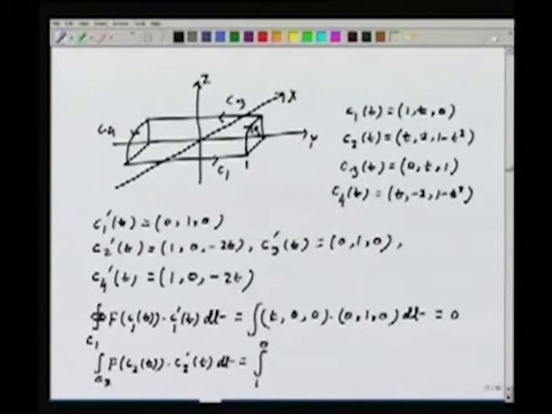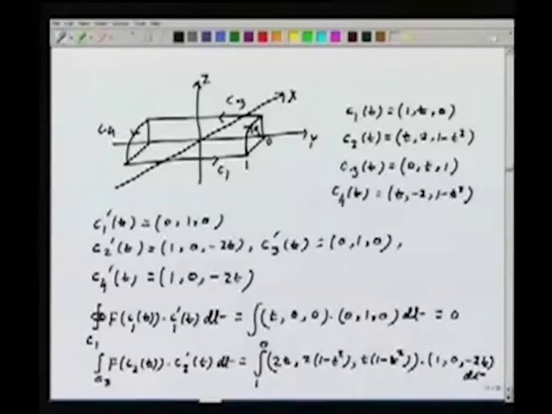So here x is 1 and here it is 0. So it is going from 1 to 0. So let us calculate what is f of C2(t), that is 2t, that is xy, then yz, that is 2 into 1 minus t square, then zx, that is t into 1 minus t square, dot C2 prime t, that is (1, 0, minus 2t) dt.